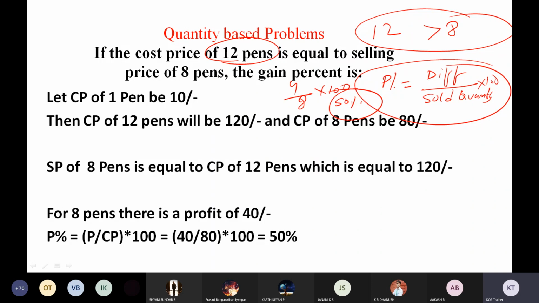Then how to find the profit percentage? Profit percentage is equal to the difference between the number of articles bought and sold, that is the difference between 12 and 8, divided by the number of articles sold, that is 8. So 4 by 8 into 100 will give you 50%.